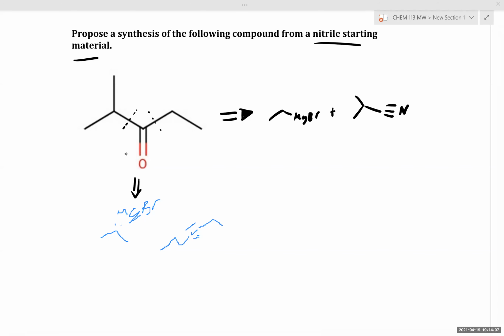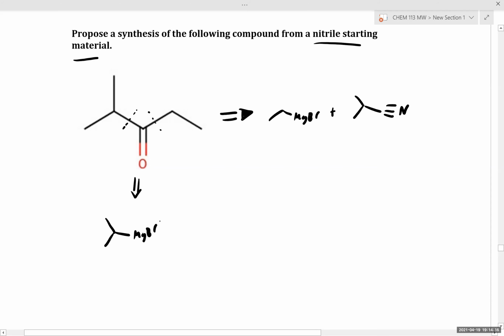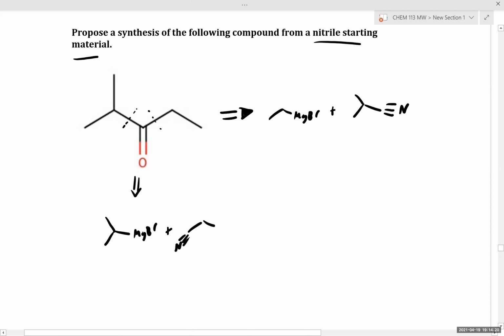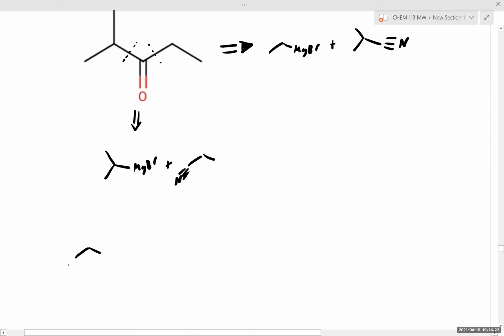Perfect. Okay, so in a forward sense, if we wanted to prepare this ketone, all we would have to do is take our nitrile, react it with isopropyl magnesium bromide, and then treat with water.